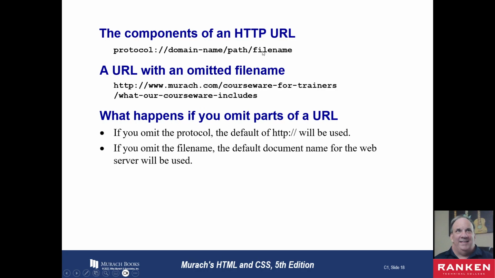Now, sometimes you might not see all of these things. A lot of times, sometimes you'll just see a domain name, google.com, right? Google.com is just the domain name. You click enter, and it's going to go to the search page. Well, the web server is configured for Google to know that when I get a request to google.com, the page that you display is going to be the search page.